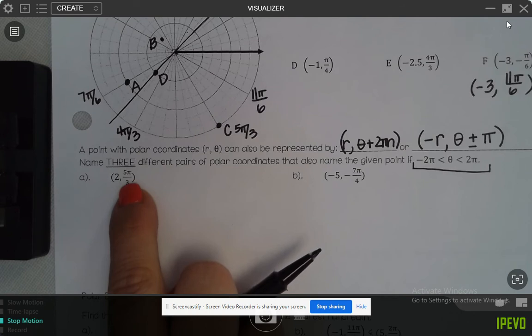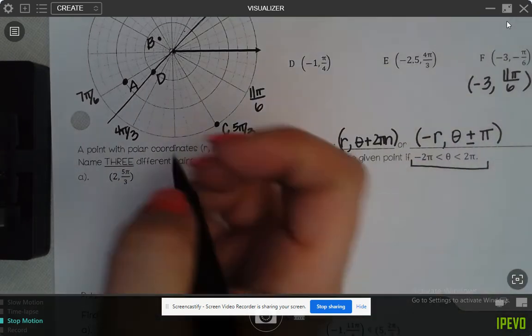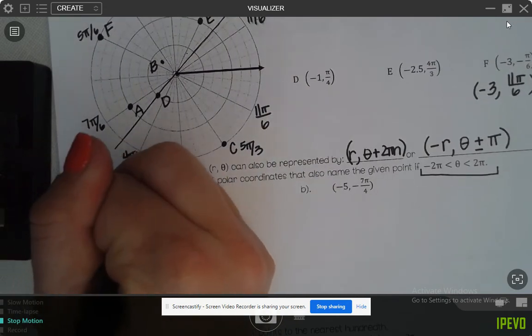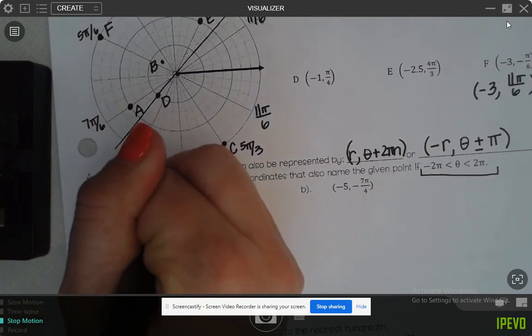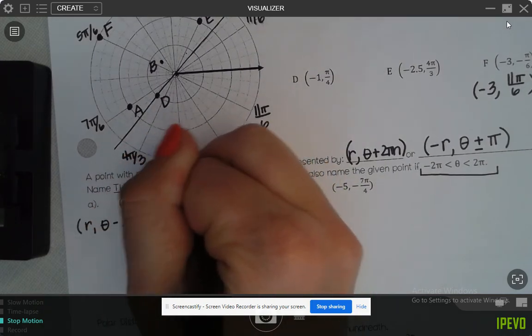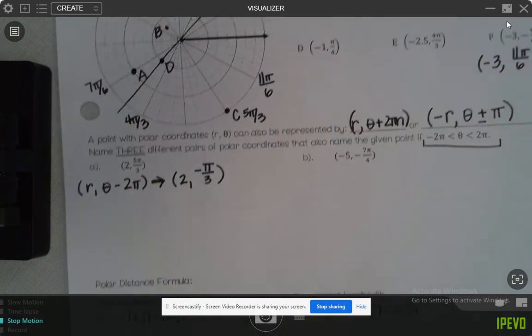It's negative pi over 3. Is negative pi over 3 between negative 2 pi and 2 pi? Yeah. So for this one, I kept R and did theta minus 2 pi. And that gives me 2 comma negative pi over 3. Okay, that's one of them.